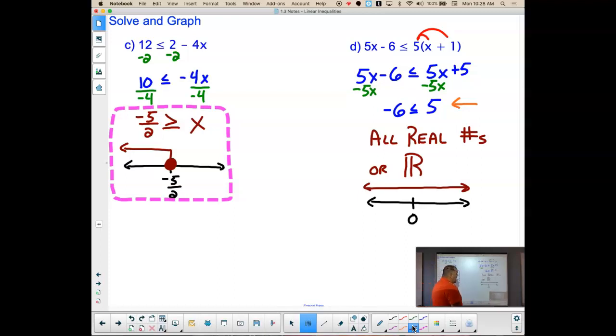If my final statement here was a false statement, then my answer would be no solution, and I would just have the number line, I wouldn't have an extra arrow on it.